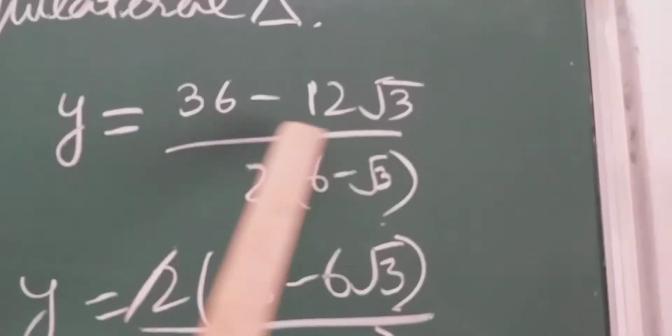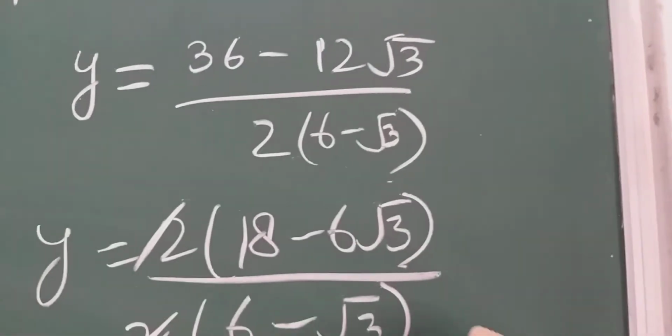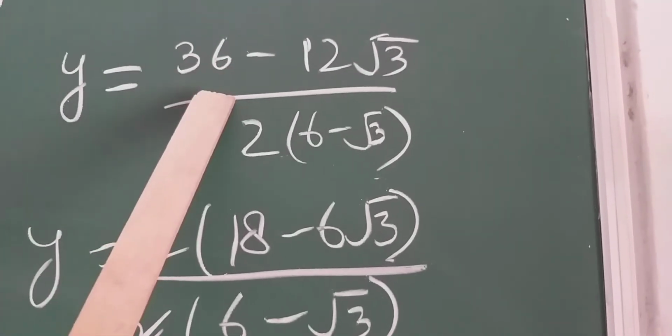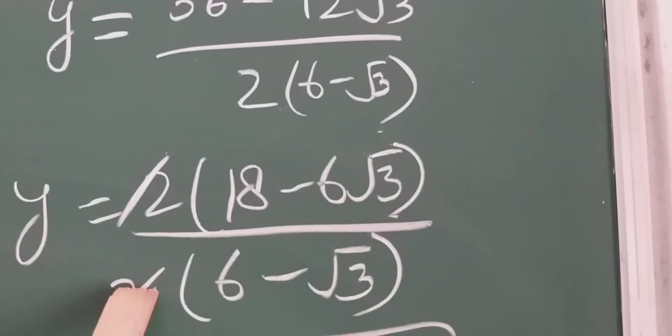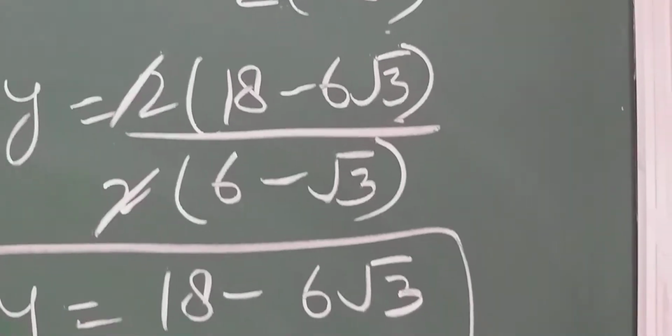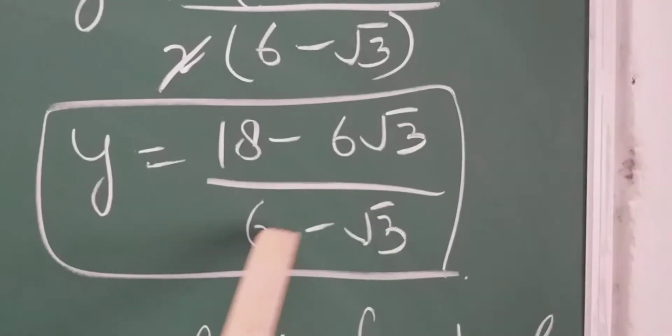So 36 minus 12 root 3 upon 2 bracket 6 minus root 3. Now we can take 2 common, student. Then 18 minus 6 root 3 upon 2 times 6 minus root 3. 2 cancels. So this is the value of y: 18 minus 6 root 3 upon 6 minus root 3.